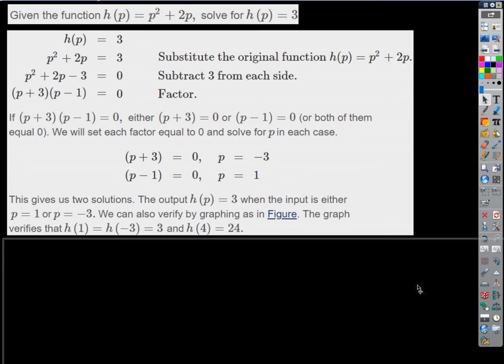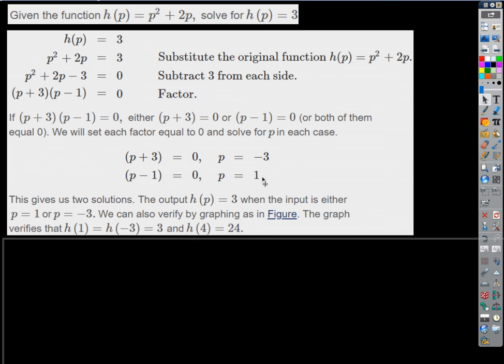Now think about what we just did in terms of the discussion we had on Friday. We get 2 solutions where the output of the original function, h of p, equals 3, when either p equals -3 or p equals 1, okay?